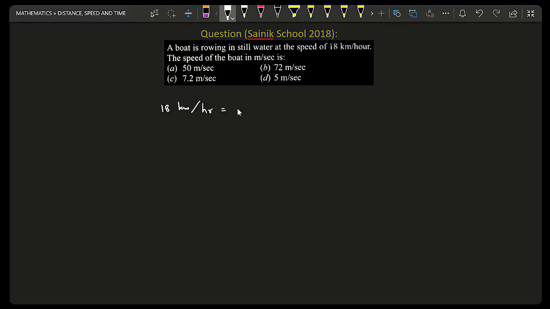Yes, to convert this, just multiply by 5 by 18. Then it will be converted into meter per second, right? How to simplify this? 18 cancels. So what is remaining here? 5 meter per second. Which option, Rishika? Option D. Yes, option D is correct.